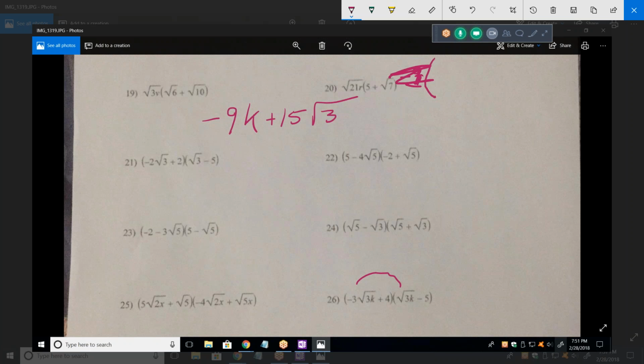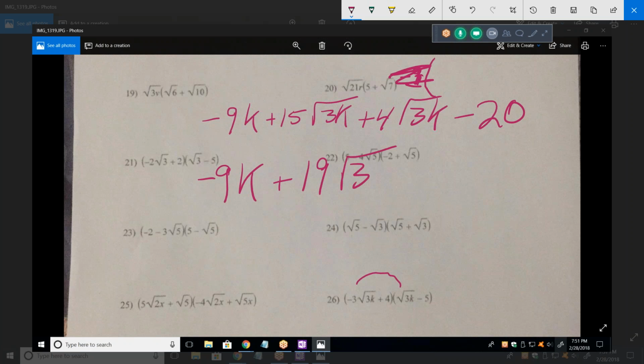And then inside would be 4 plus 4 square roots of 3k. And the last would be minus 20. Simplify. And then that would be negative 9k plus 19 square roots of 3k minus 20. There you go. Alrighty.